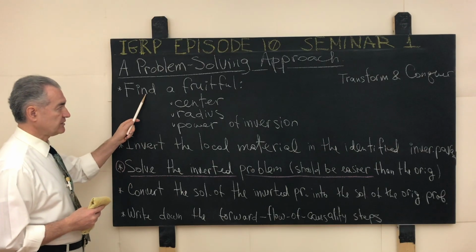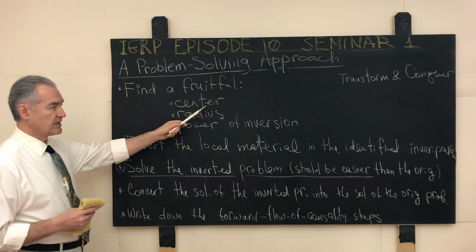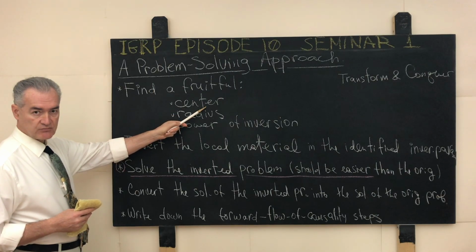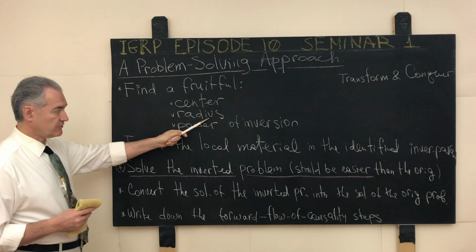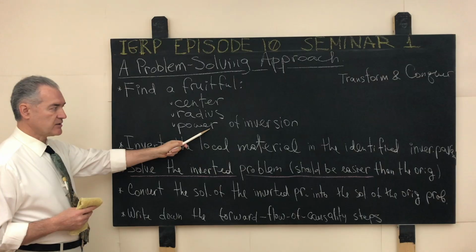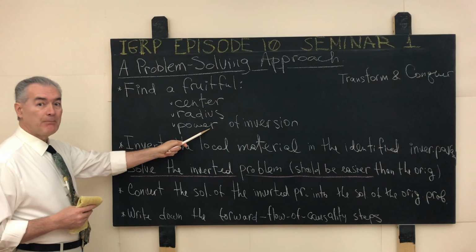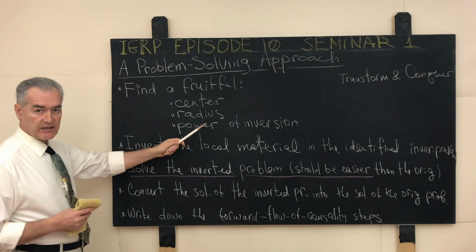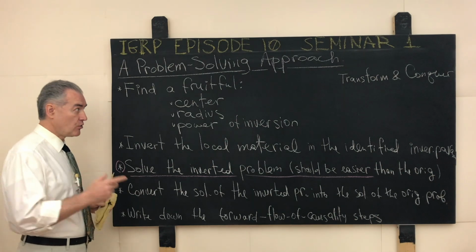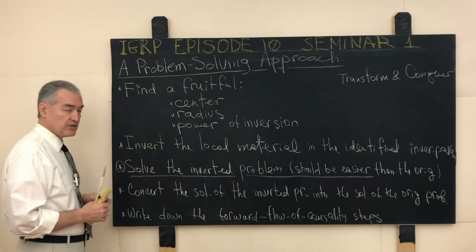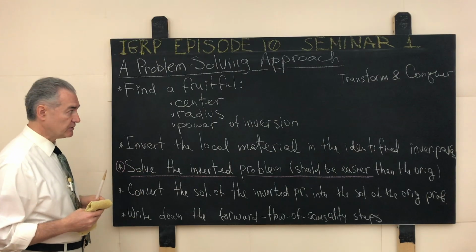First, find a fruitful center of inversion, then find a fruitful radius of inversion, then think about a fruitful power of inversion, and try to also think about the number of inversions that can be applied to the local material.